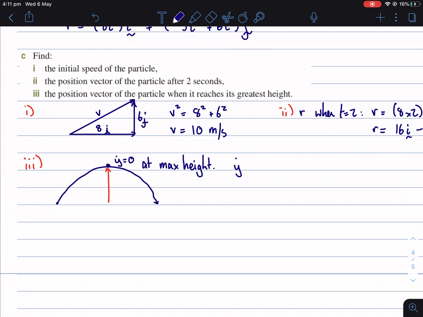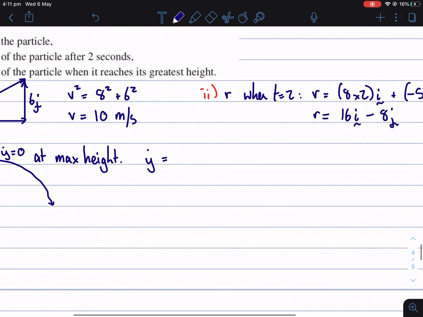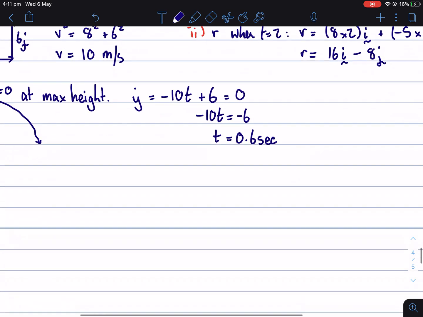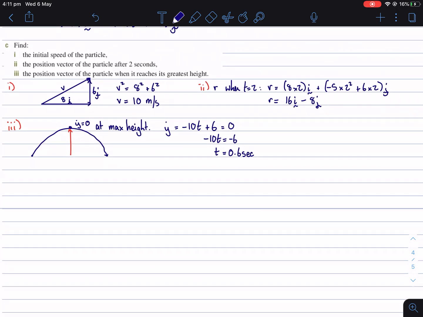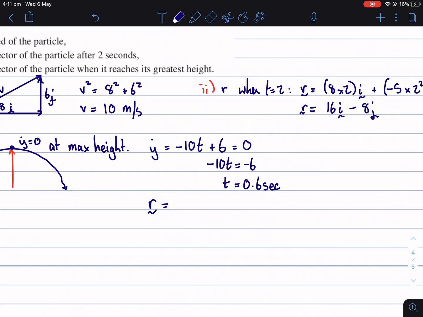So let's find the time for that. So y dot was, what did we come up with? -10t plus 6. And that's 0. So we're going to solve for t. So we've got -10t equals -6. So t equals 0.6 seconds. So it's going to reach its maximum height at 0.6 seconds. Then we want the position vector then. So r, technically I should have things under these r's.